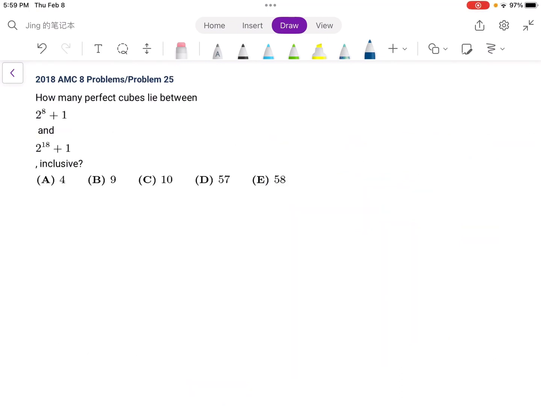Problem 25. Because 2 to the power of 8 equals 256, plus 1 equals 257, and the smallest cube larger than that is 7 to the power of 3. It equals 343.